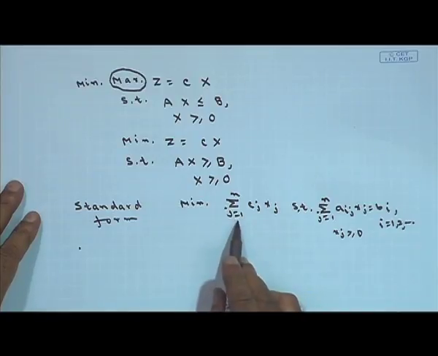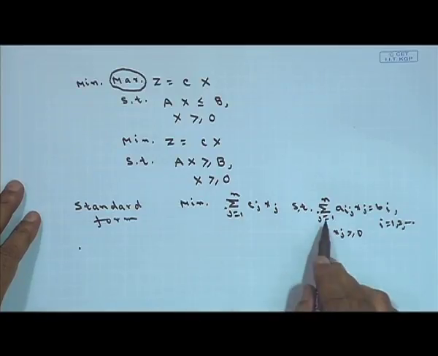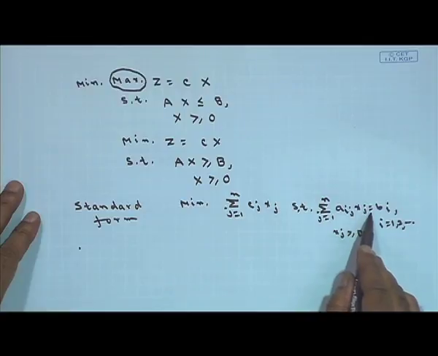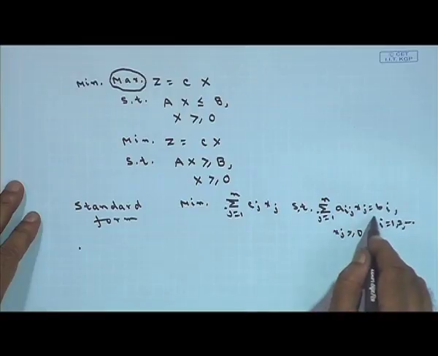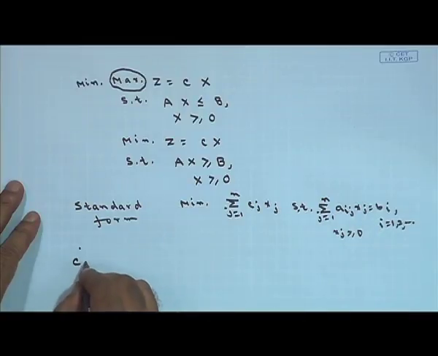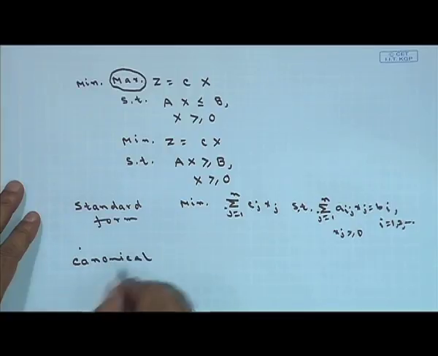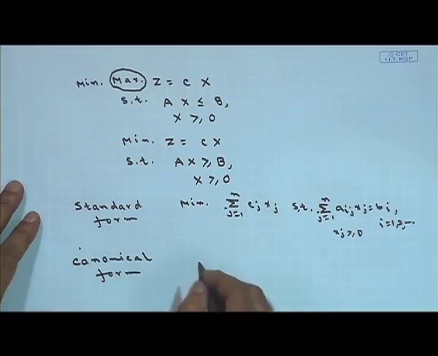So, minimize summation Cj xj subject to Aij xj equals Bi. In standard form, whenever I convert it, I may have inequality, but before solution I have to transform it into equality. And here I am writing the canonical form.